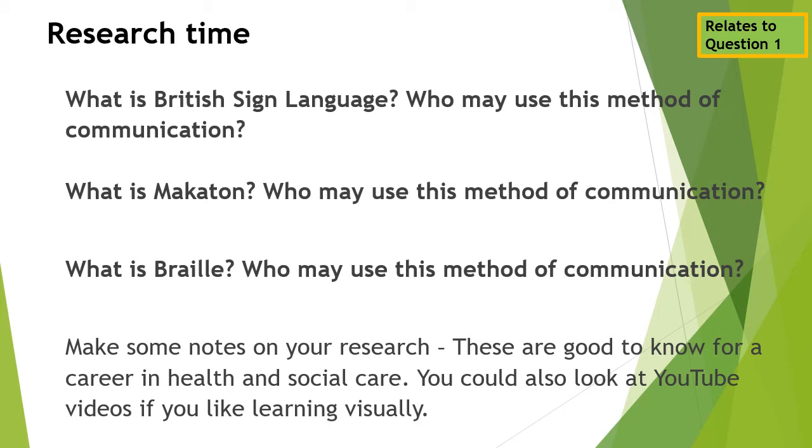Make some notes on the research. It's good to know for a career in health and social care. And you could also look at the YouTube videos. If you like learning visually, there are lots of videos on YouTube for the 3 different types: British Sign Language, Makaton and Braille.